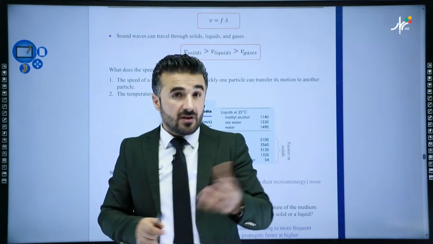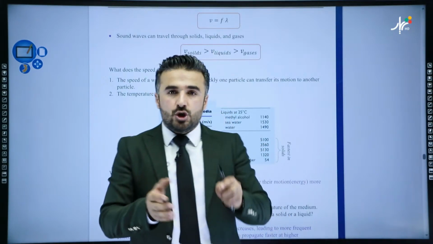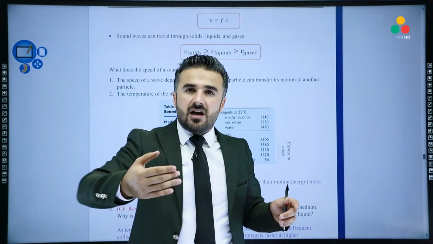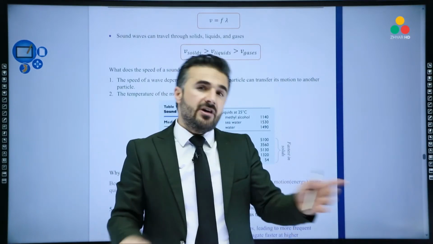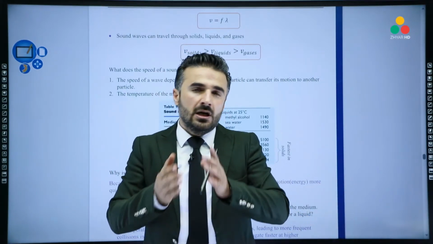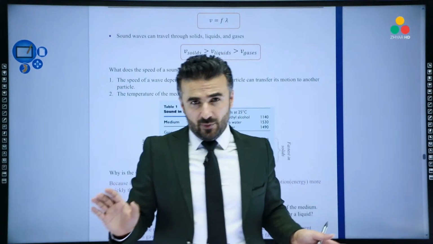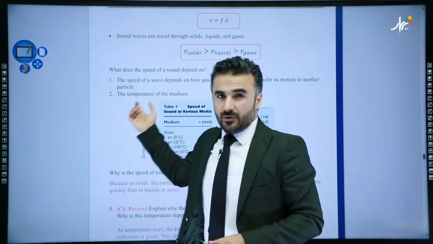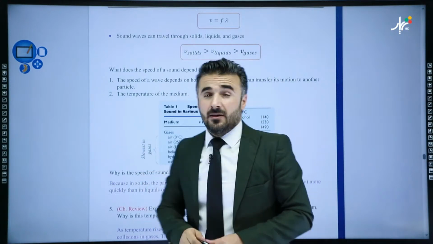That's how we can transfer the energy. So in short, the higher the temperature, the faster the vibration, or the more the kinetic energy. The faster the vibration, the faster the energy transfer. That is why temperature affects the speed of sound.